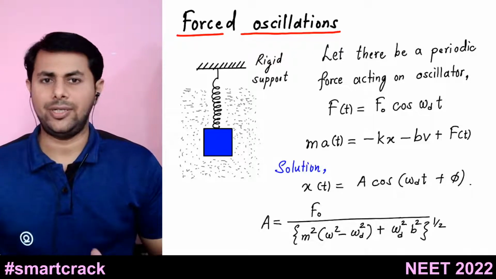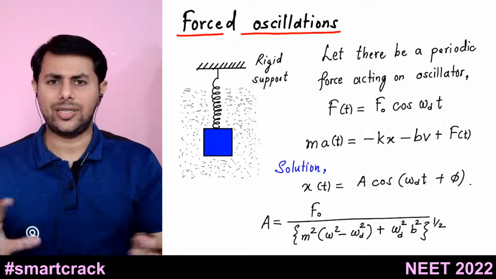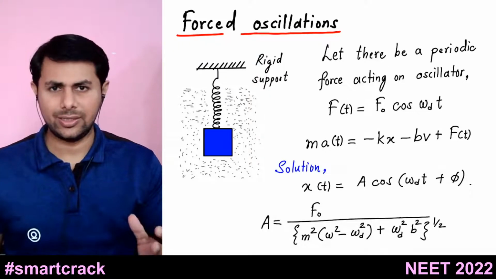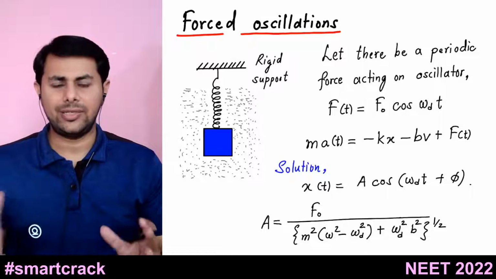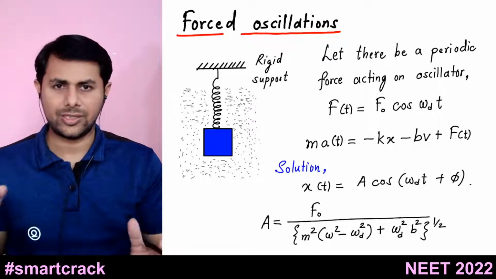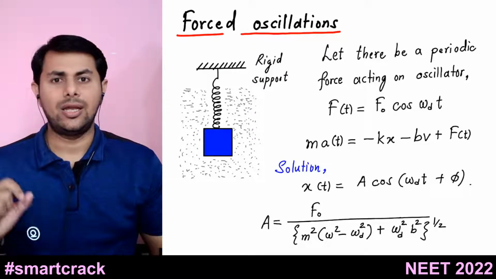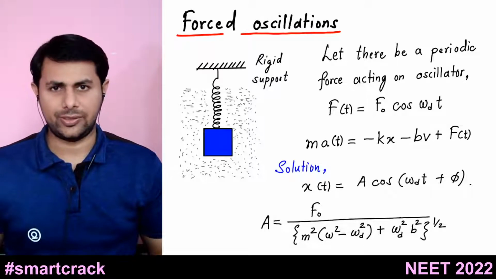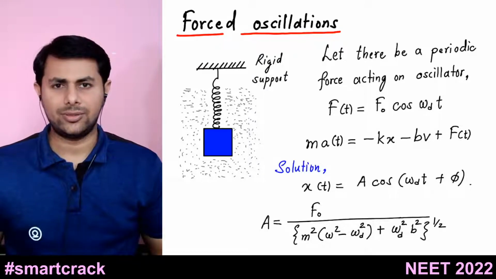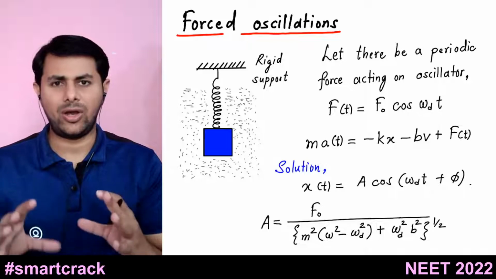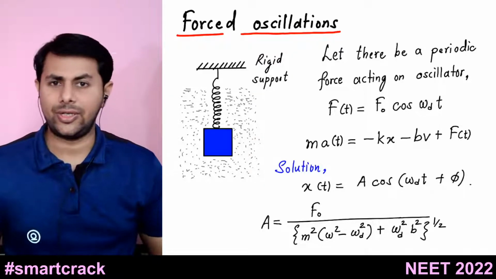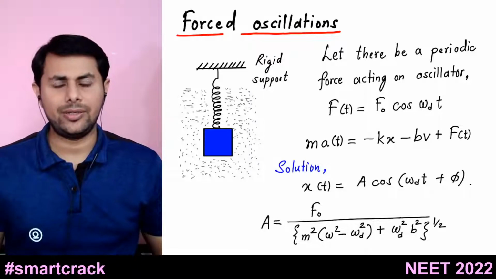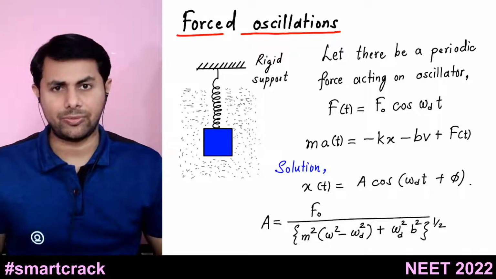What will happen here is that initially it will try to oscillate with its natural frequency, but since there is a medium which opposes that natural frequency and there is an extra external force, finally the block has to get adapted to the external periodic force and it will oscillate with the frequency of the external periodic force.